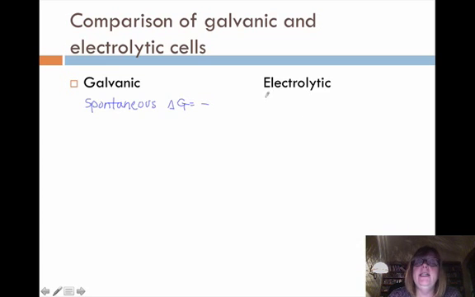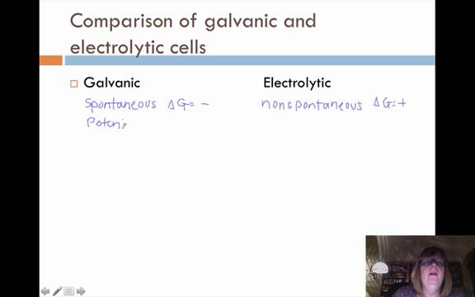In an electrolytic cell, it is non-spontaneous, and so our delta G would be positive. In a galvanic cell, our potential of the cell was positive. In an electrolytic cell, our potential, or our E, is now negative.